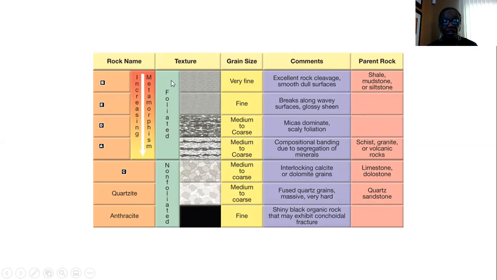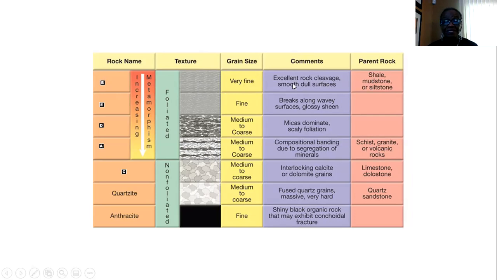And we move up here, we go foliated, a banded texture. And look at the examples. All right, you know, this one is nice. And it could have been schist or granite or another volcanic rock. And then if we skip up to the one at the very top, we get shale, which was the parent rock.